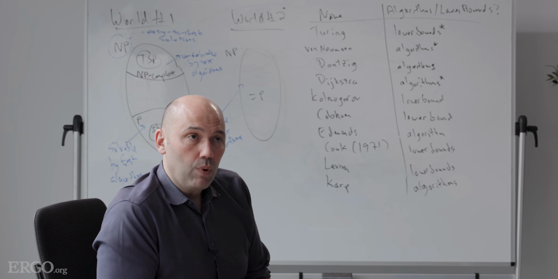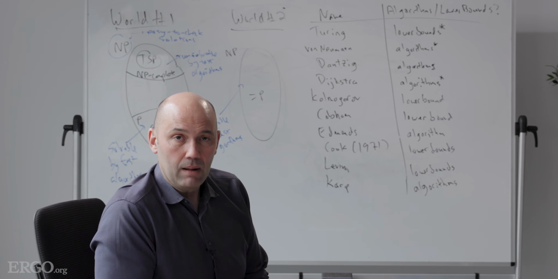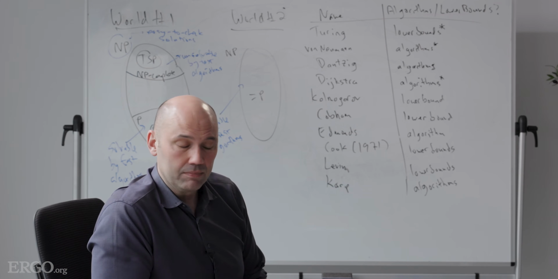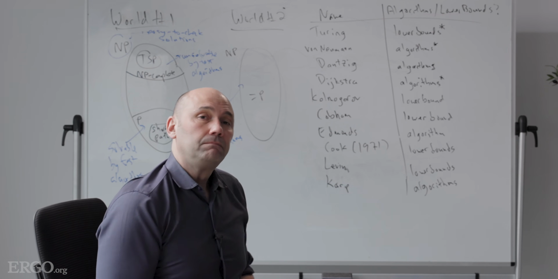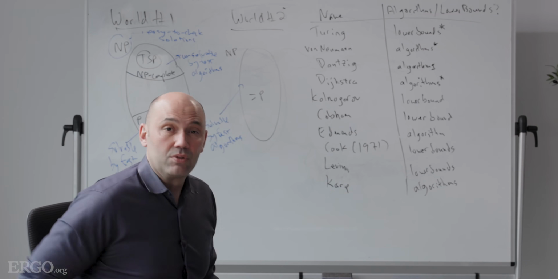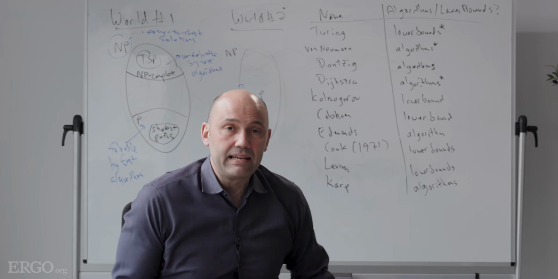He'd spent well over a decade trying to come up with fast algorithms for lots of different problems. Many of them, he succeeded. Like I said, I still teach many of his algorithms today. Some he didn't. So Karp, like Dantzig, got obsessed with the traveling salesperson problem and spent a lot of time trying to come up with a fast algorithm for it.